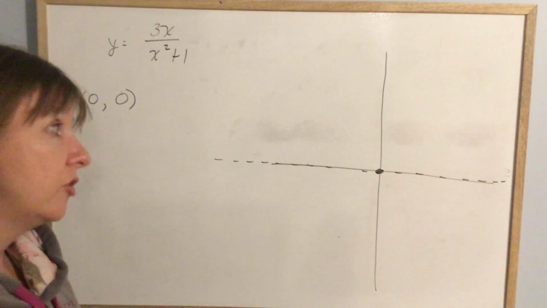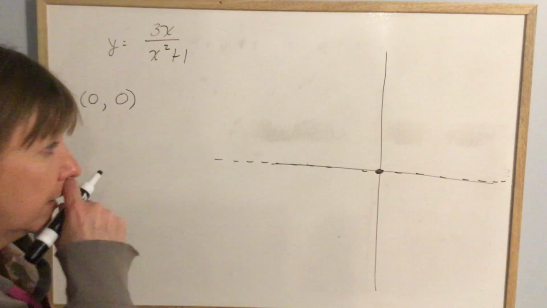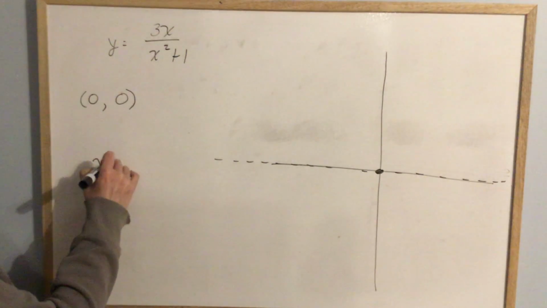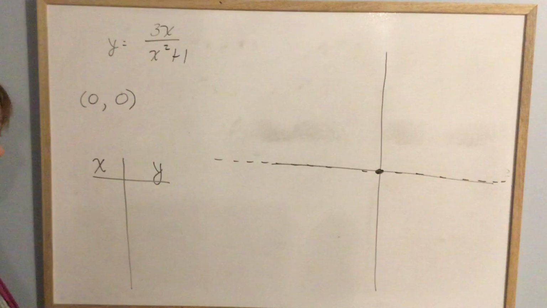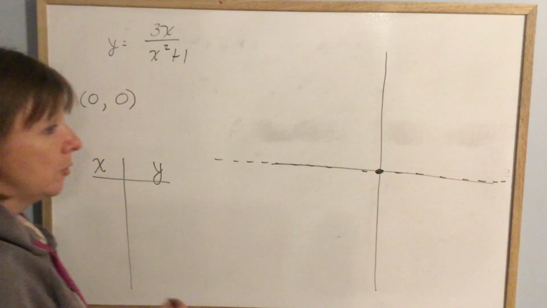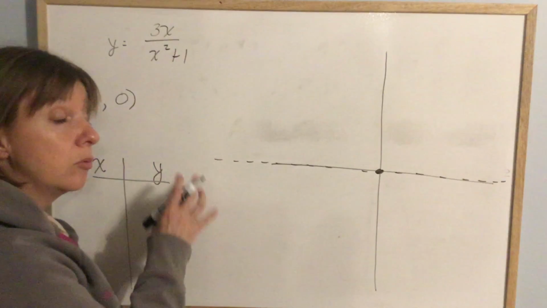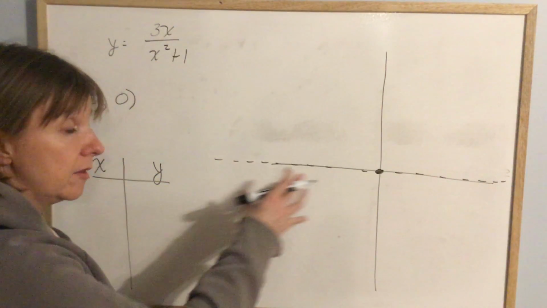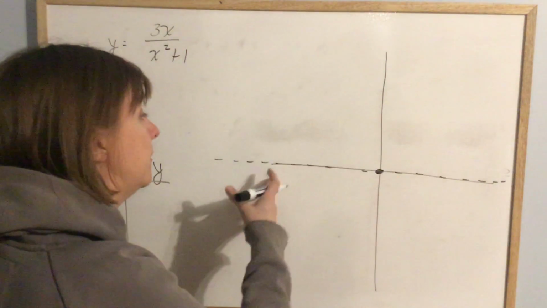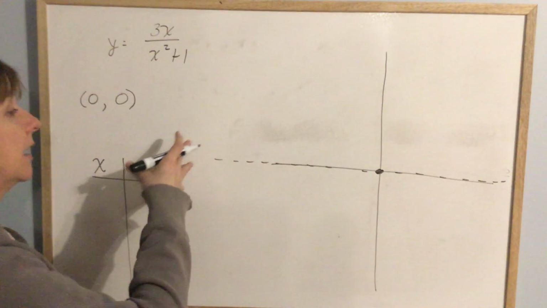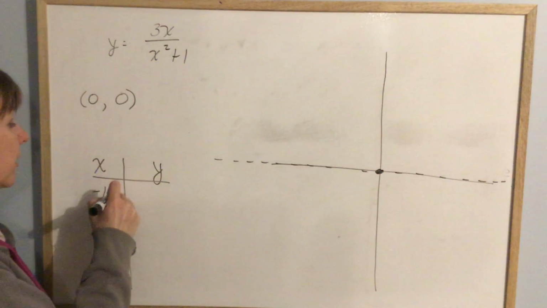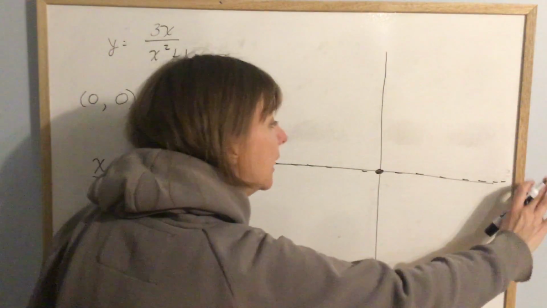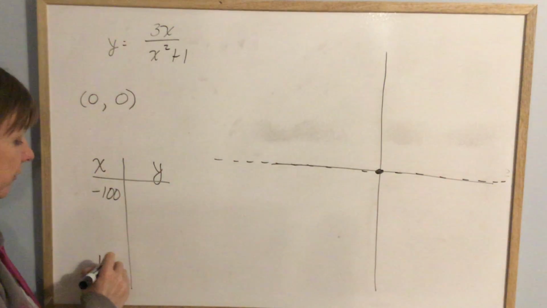So what I would do with this one is I might actually do a quick table of values, but my table of values is going to be kind of weird. Remember that it can cross a horizontal asymptote, but not at extreme ends. So I'm going to pick something at an extreme end, so negative 100, and something at an extreme end over here, so positive 100.